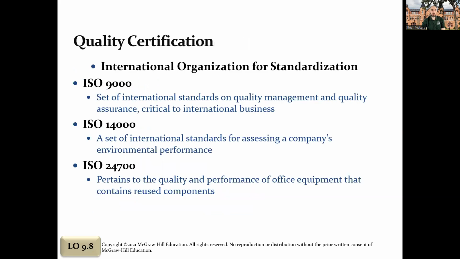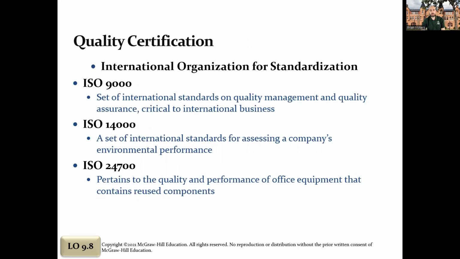There's also an international organization that seeks to standardize various things around the world, and they are given a number code based on what it is they're standardizing. ISO 9000 series, so not just 9000 but 9001, 9002.